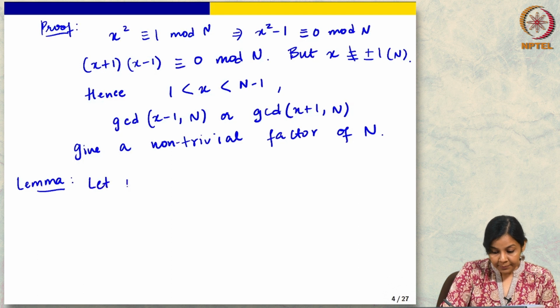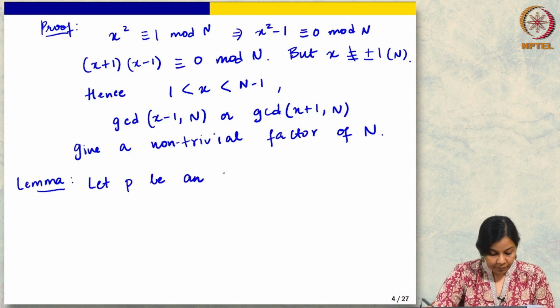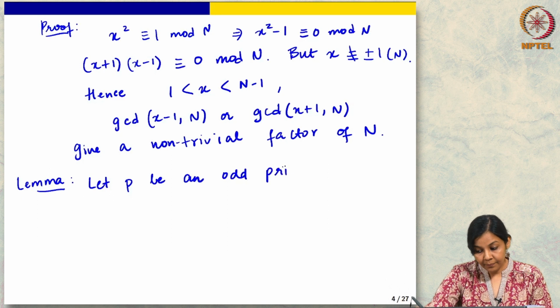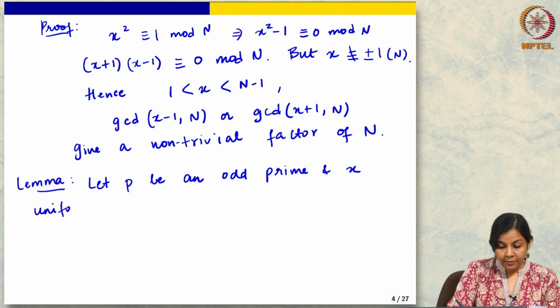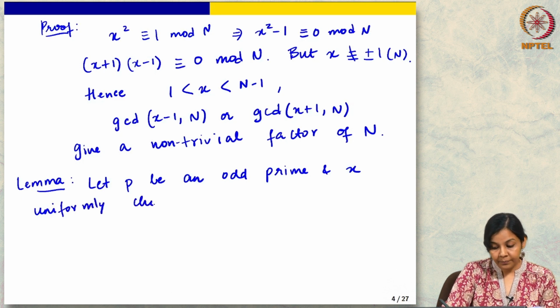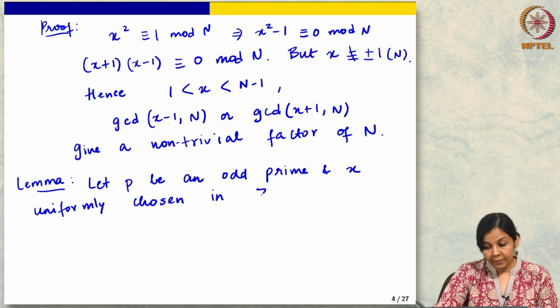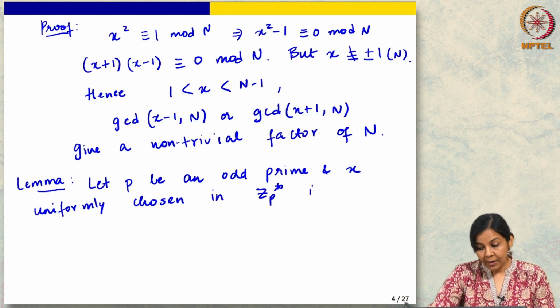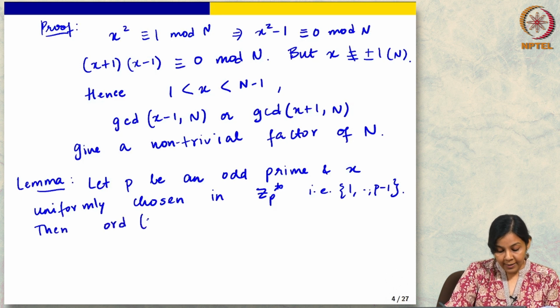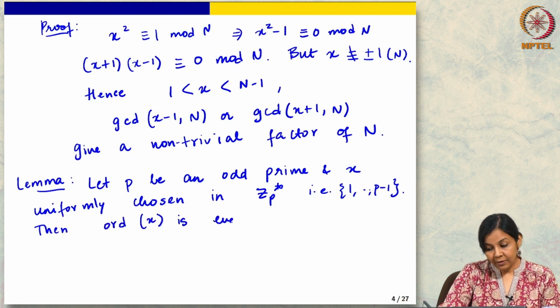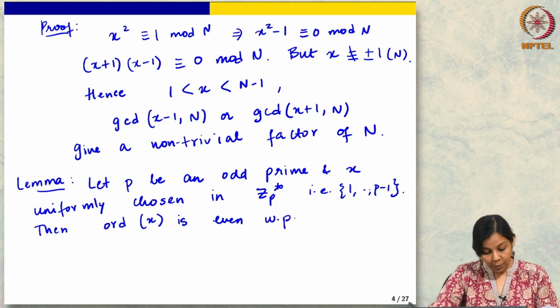Let p be an odd prime and x is uniformly chosen in Z_p star, that is in the set 1 to p minus 1. Then the claim is that the order of x is even with probability at least 1/2.